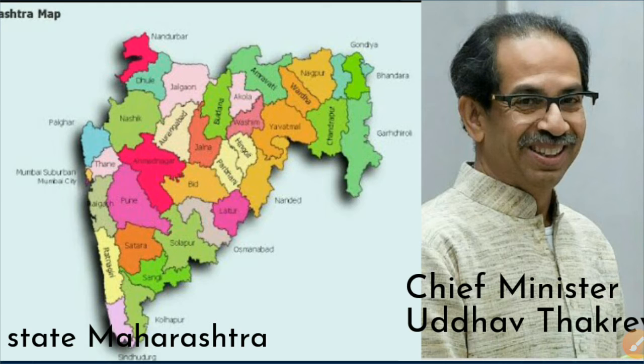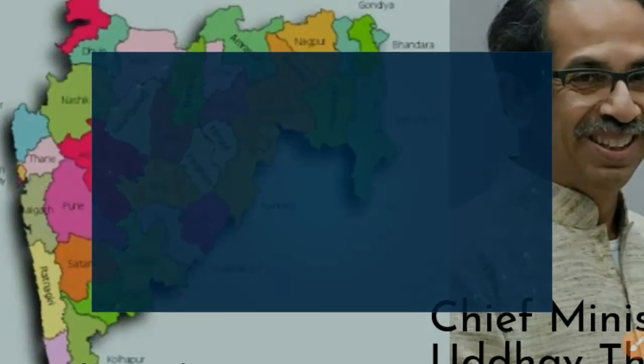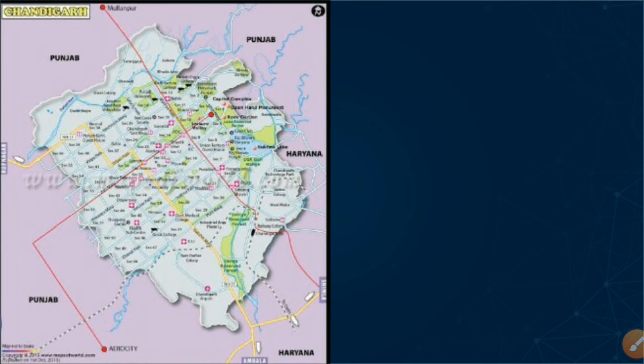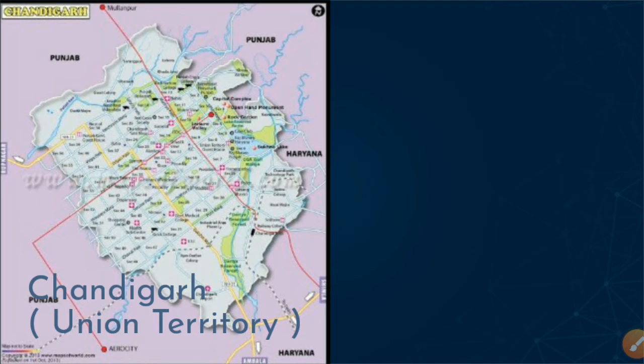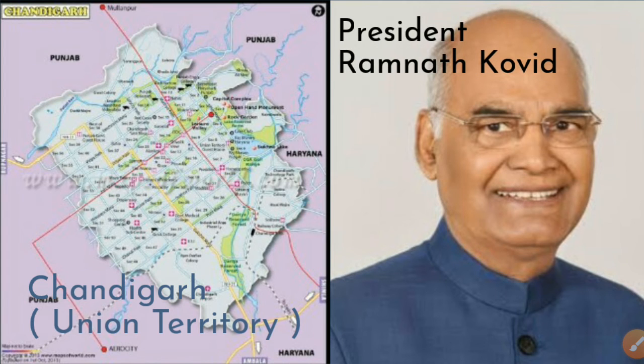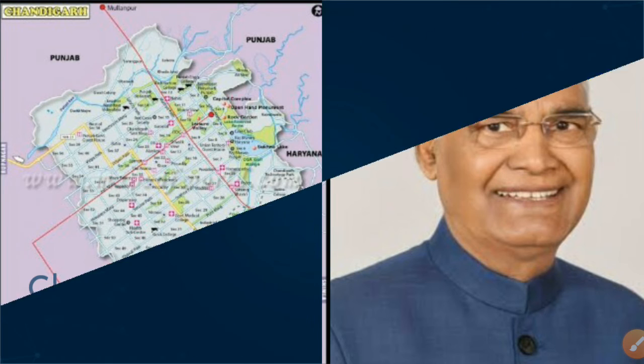Whereas for a union territory, one example I am going to give you is Chandigarh. In Chandigarh, our president Mr. Ramnath Kovind rules through his particular representatives. That way, as I showed you, is the difference between the state and union territories.